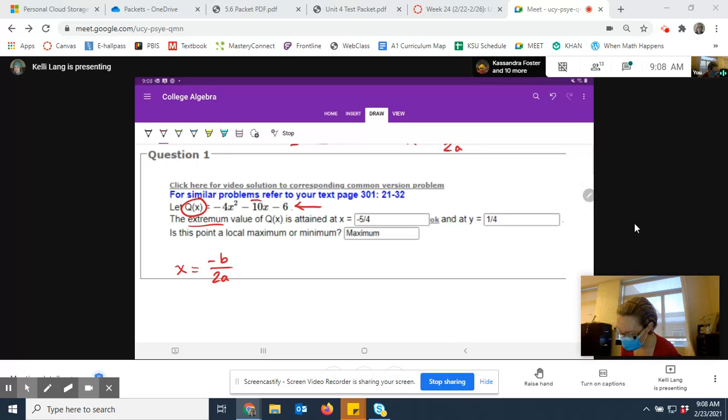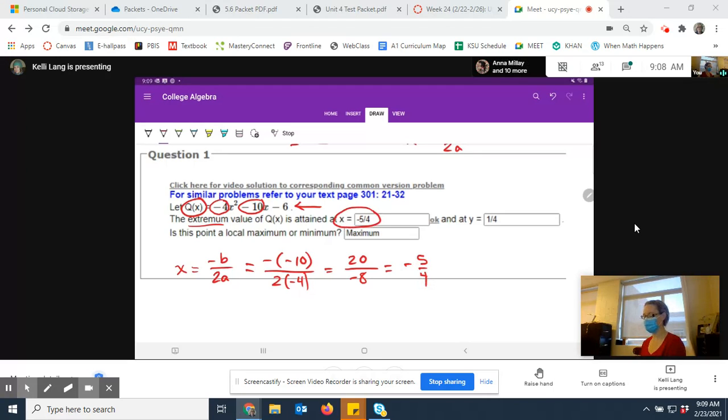Well, if this is b and this is a, then we could just plug in negative b over 2 times a. Simplify this down, 20 over negative 8, negative 5/4. That's where you get the x value of your vertex from that very simple little formula, a quick plug and chug.